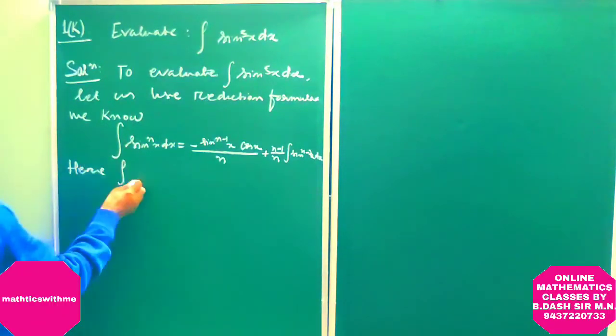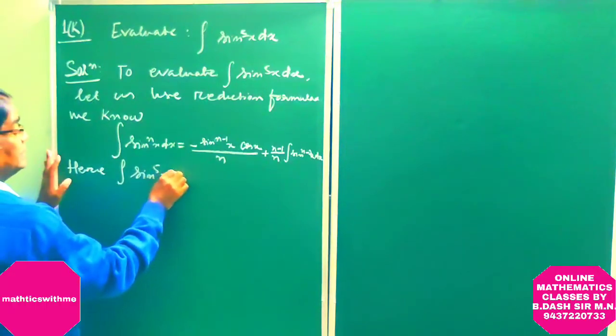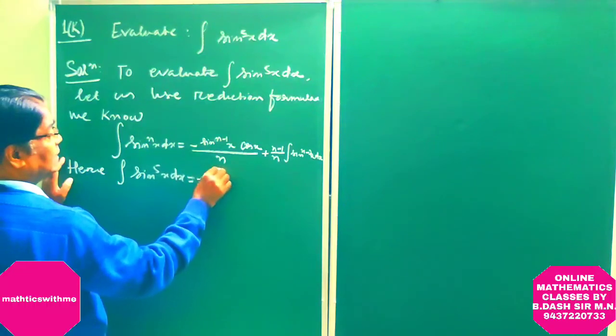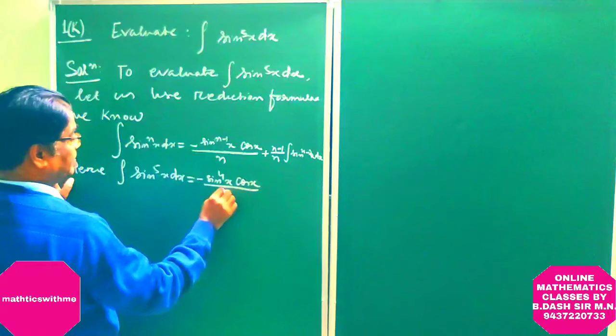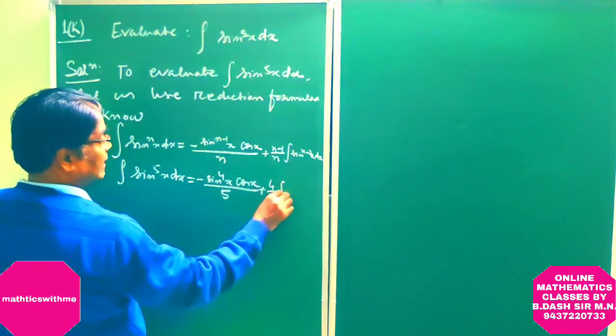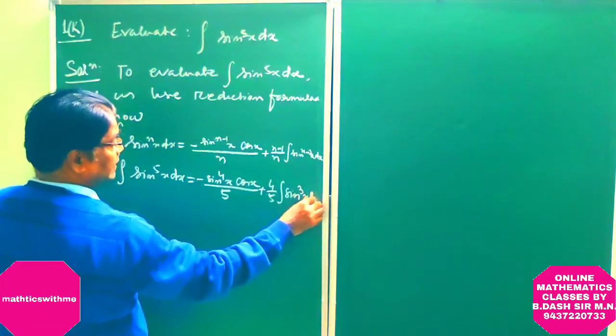So here integration sine to the power 5x dx is equal to minus sine to the power 4x cos x by 5 plus 4 by 5 integration of sine cube x dx.